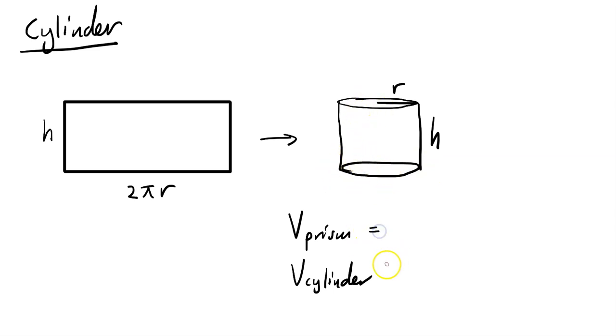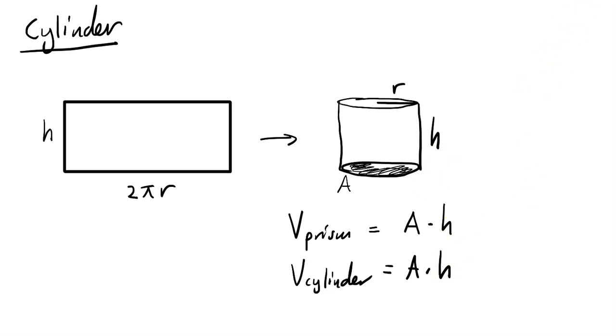But since they're so similar, they have the same formula for calculating their volumes. The volume of a prism is given by the same formula as the volume of a cylinder. So we have that the area of this circle, which we call A, multiplied by the height will give us the volume of the cylinder.